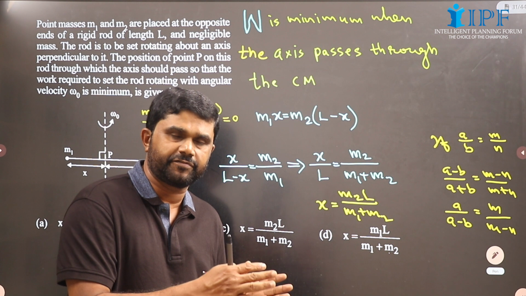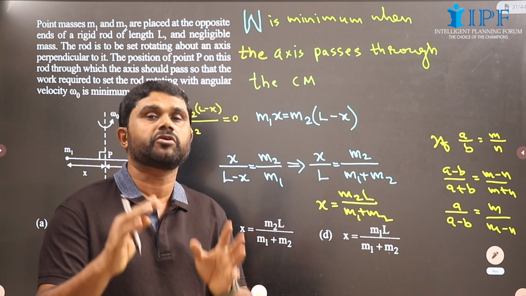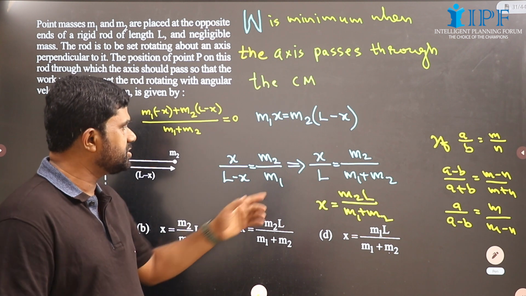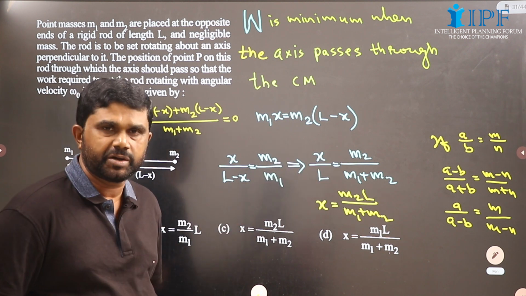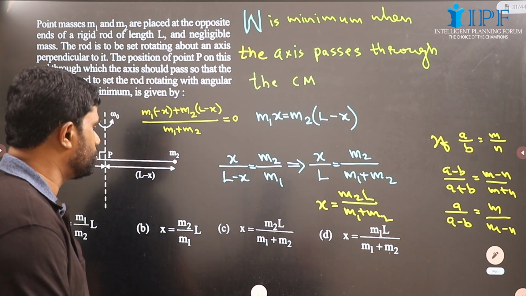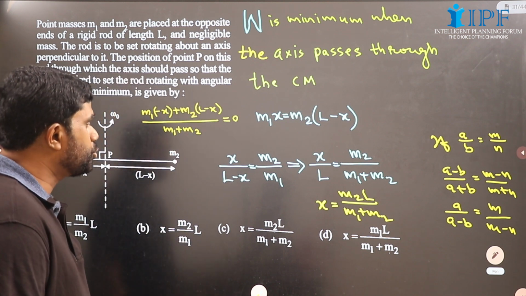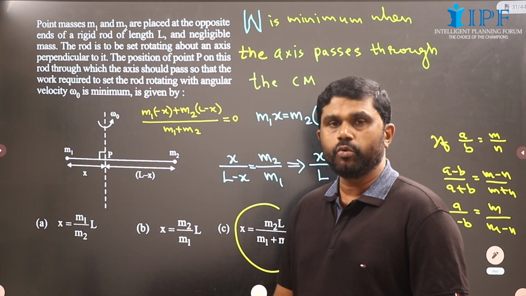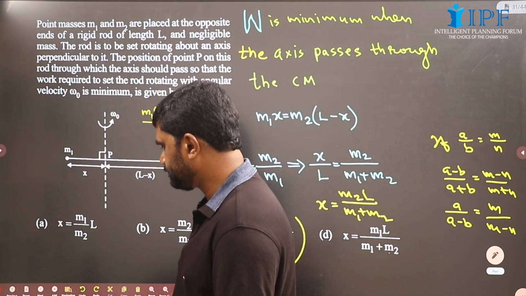Whatever you do on the left, the same thing should be done on the right side also. So we have got x by L equals m2 by (m1 plus m2), and x will be m2 L divided by (m1 plus m2). x will be m2 L divided by (m1 plus m2), which is the answer. Okay, now let's see what we have next.